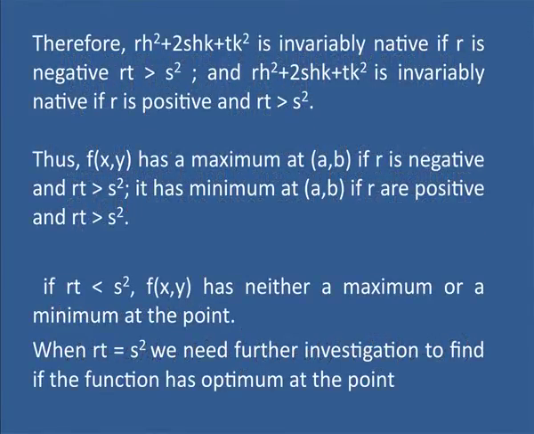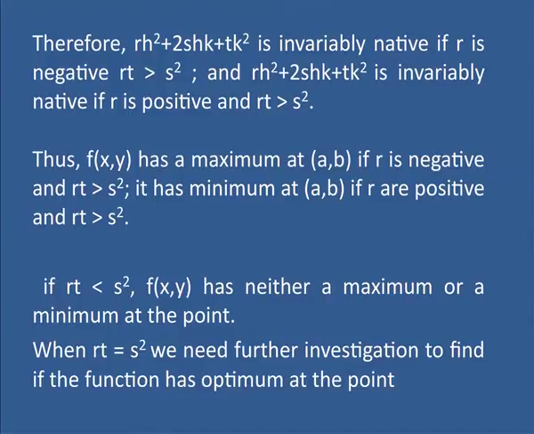Therefore, r h square plus 2 s h k plus t k square is invariably negative if r is negative and r t is greater than s square, and r h square plus 2 s h k plus t k square is invariably positive if r is positive and r t is greater than s square.